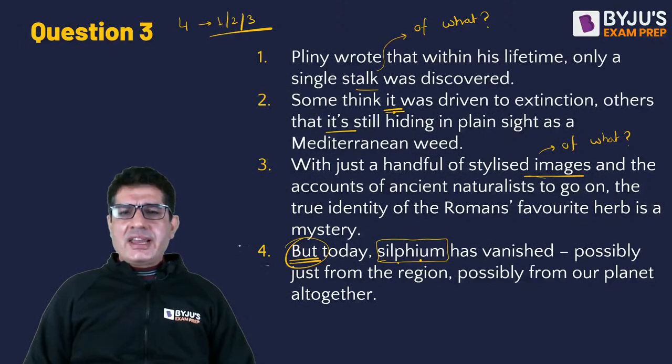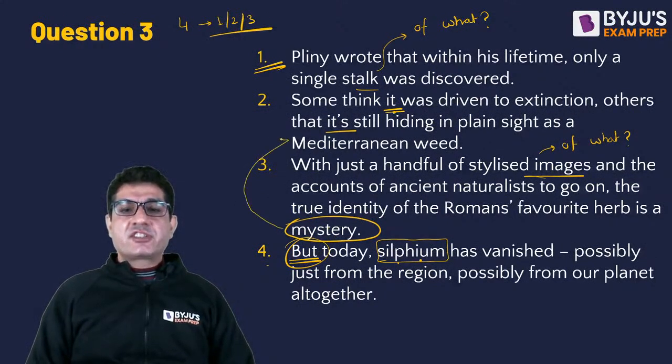Now I like 2 after 4. Some think it was driven to extinction, others that it is still hiding in plain sight. But then where do I put in 1? And look at sentence 3. It is talking about a mystery. So the moment I see it is a mystery, second sentence explains that mystery.